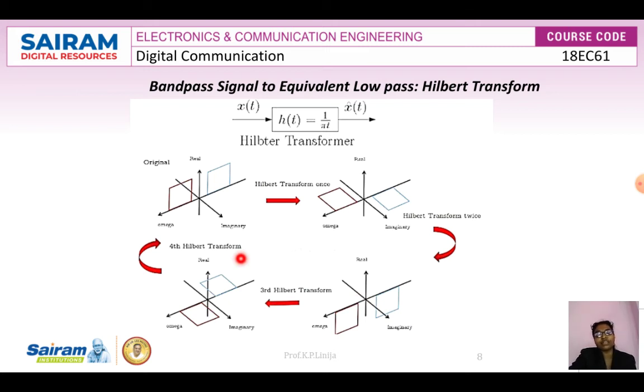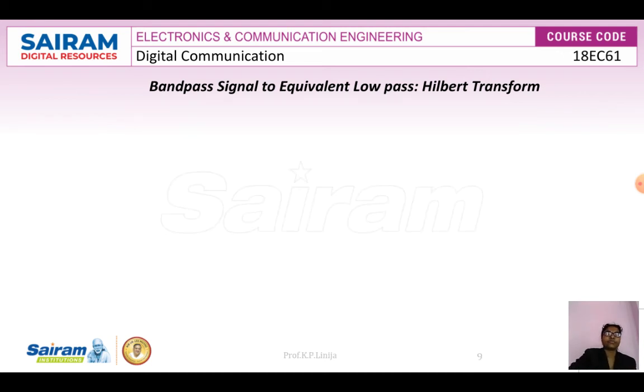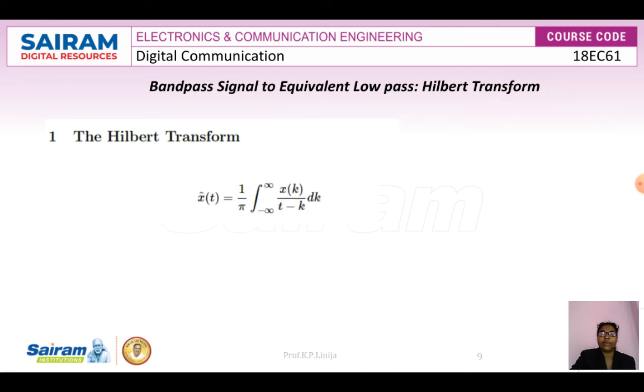Then this three-times shifted output is given the fourth time, so that we get back the input we gave to the first Hilbert transformer. This is the basic operation which helps us understand what is happening when we use the Hilbert transformer.